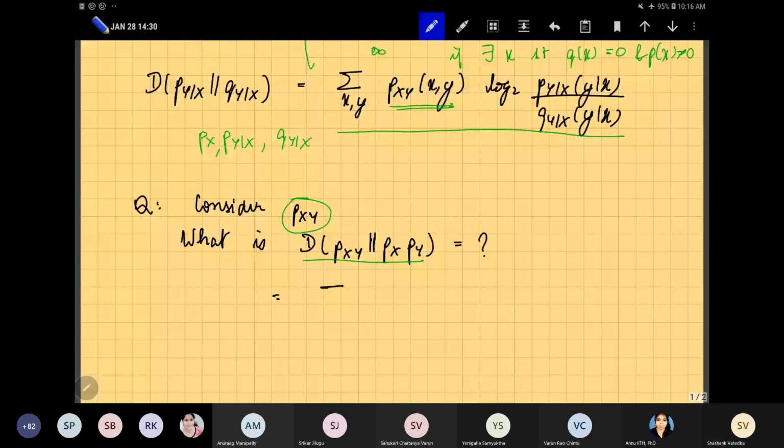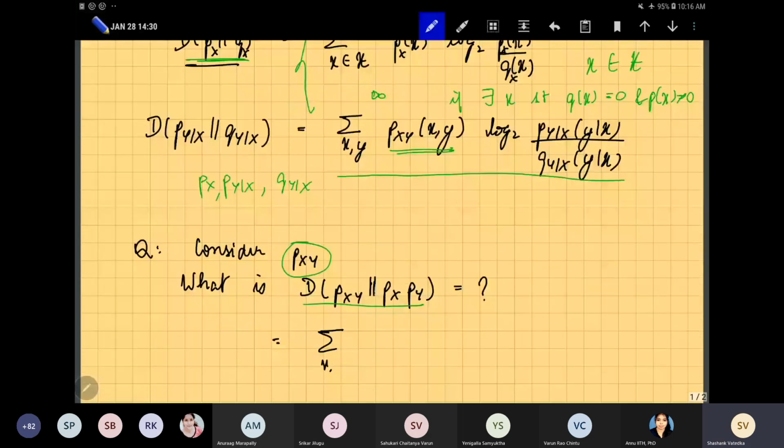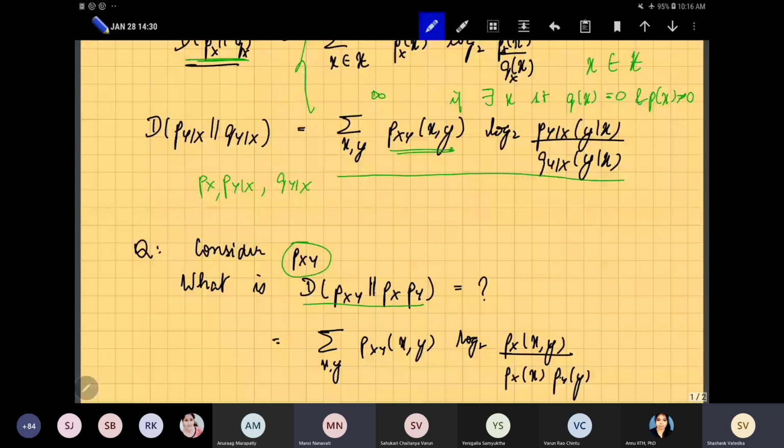This is the sum over all possible xy of p of xy log p of xy divided by the product of the marginals, so this is p of x, p of y, right?